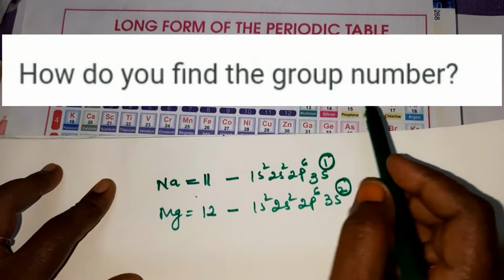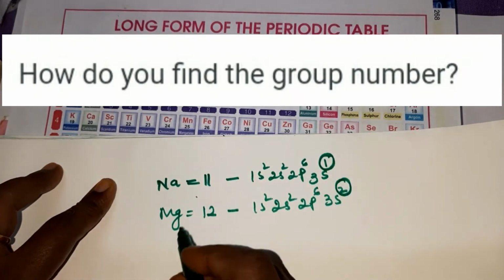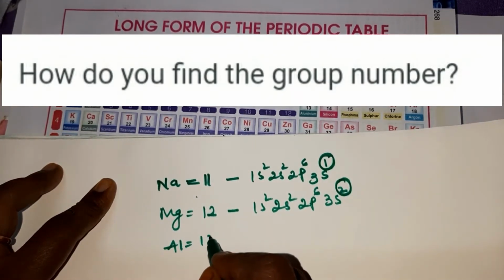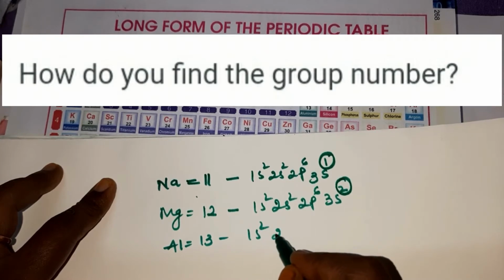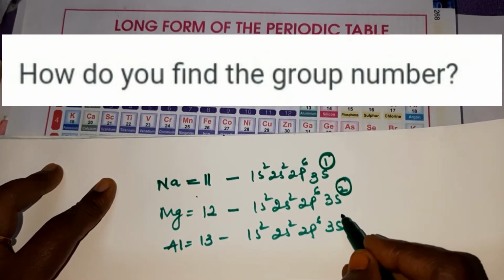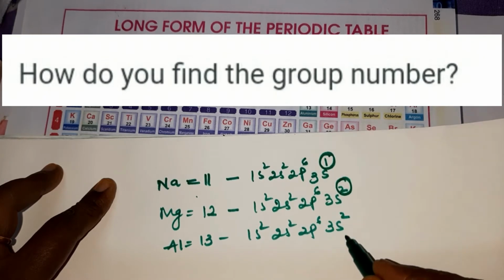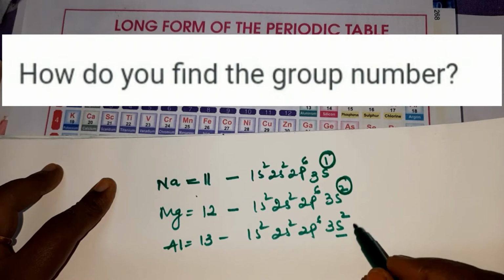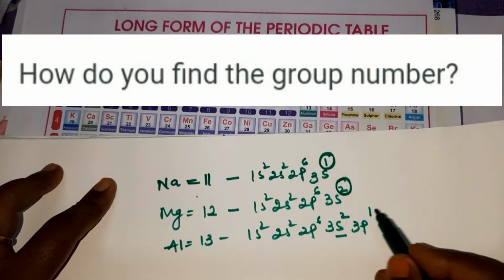Got it children? Now aluminum, Al, atomic number is 13: 1s2, 2s2, 2p6, 3s2, because the s shell can carry a maximum of 2 electrons, and then 3p1.